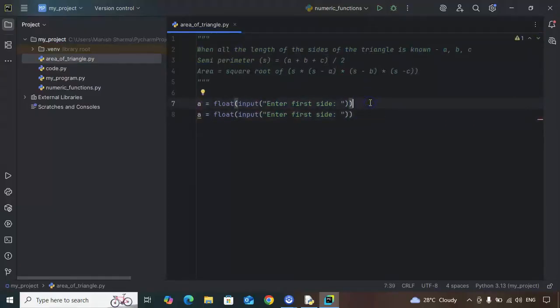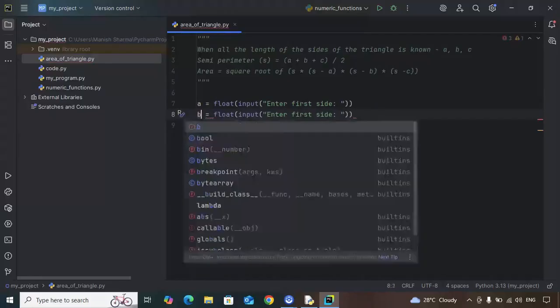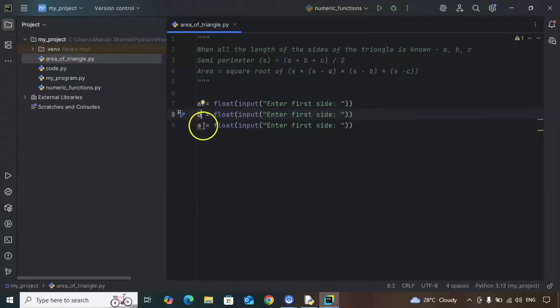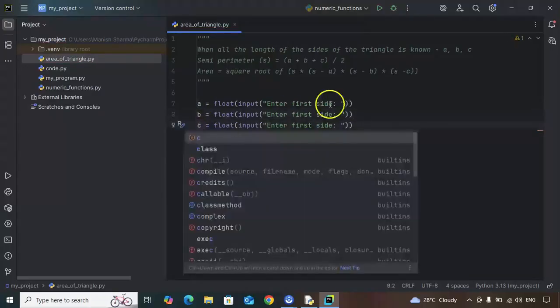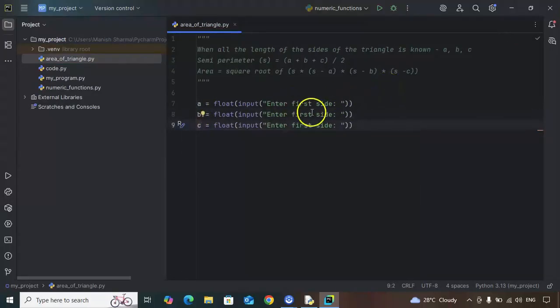If you take your mouse here and do a Control D, that will get copied and pasted in the next line. So I'll do it for B and C as well: second side and third side.